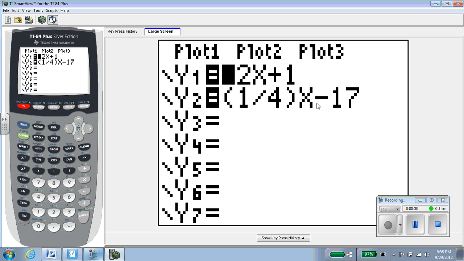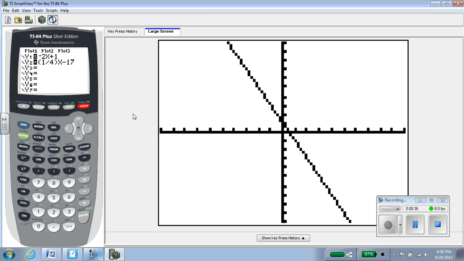The second equation has a y-intercept at negative 17. Well, if I count 1, 2, 3, 4, 5, 6, 7, 8, 9, 10, this only goes to negative 10. So my y-intercept is way off the screen. I can fix that by changing my window.